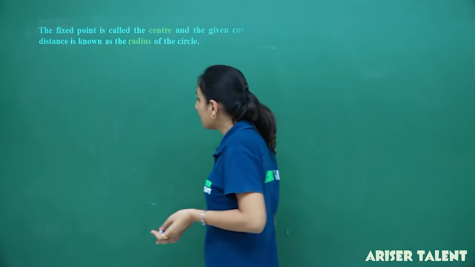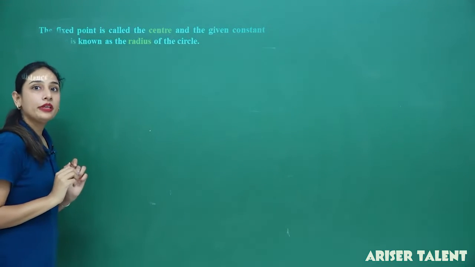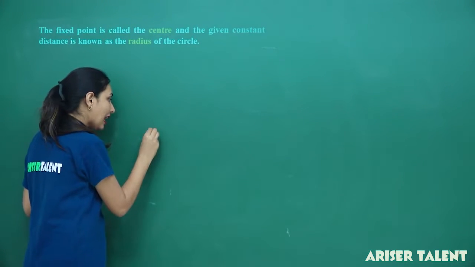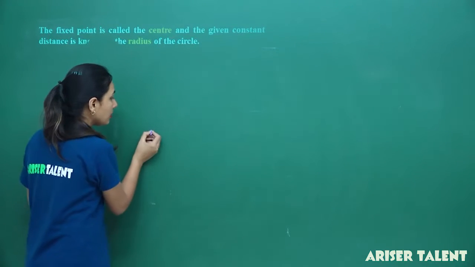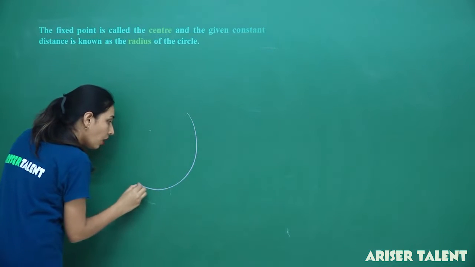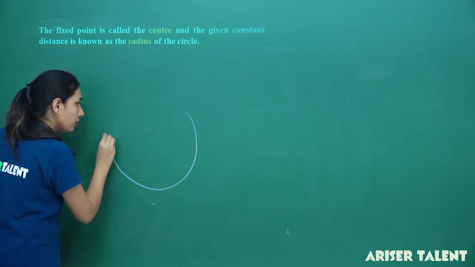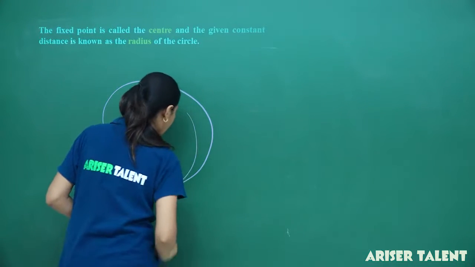In common terms, if you have your compass, you fix a point, place the lid of that compass on this side and the pencil on that side, and you draw with this center. So what will you draw? A circle, right?